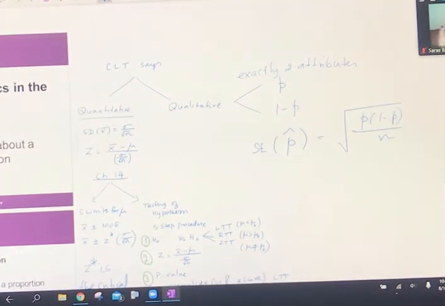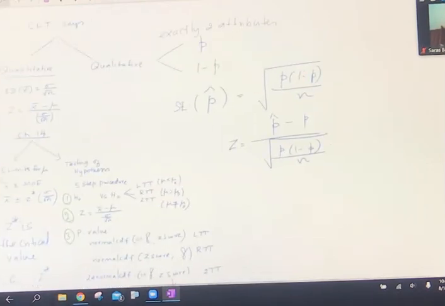So the variability shrinks and the curve is going to be a steeper curve, and we have also introduced p hat minus p. I hope you remember everything because this is the z-score in chapter 13. So now you can see the 2 different procedures, one for quantitative and another one for qualitative, where you are exactly given 2 attributes. All right.